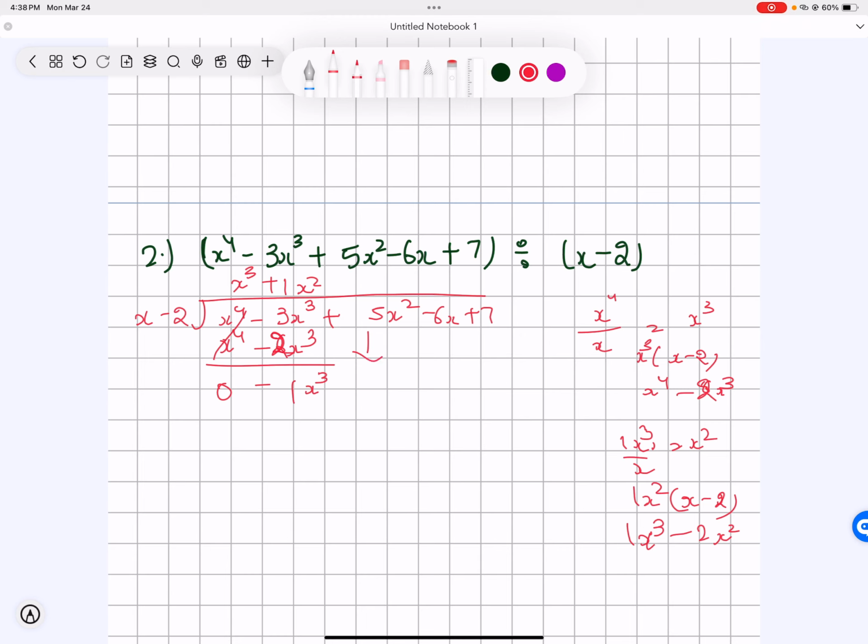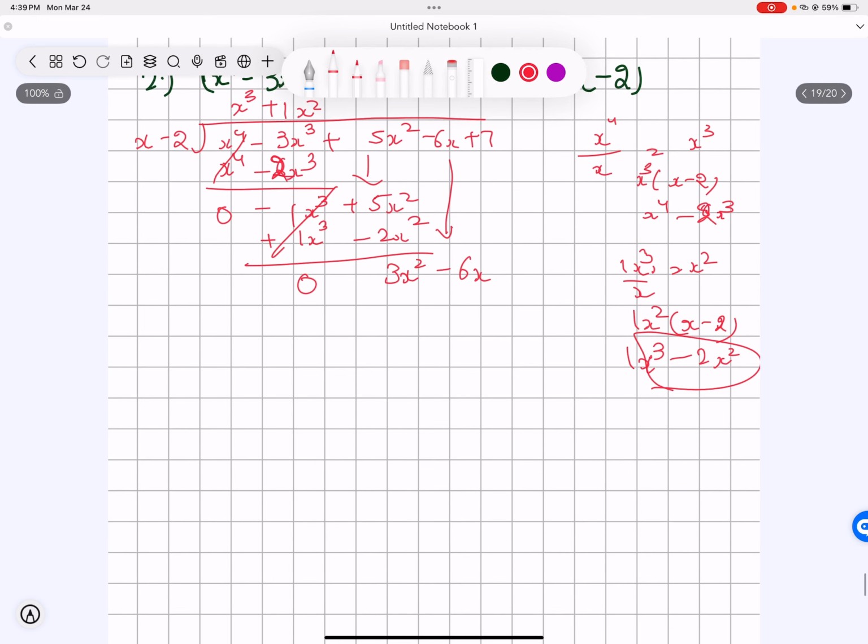So I bring down 5x here, and then I write whatever I get is plus 1x cubed, and then minus 2x squared. And then I subtract those again. This gets cancelled, and then I left with 3x squared to the plus, and then I bring down my 6 here, minus 6x, and then I divide 3x squared by x.